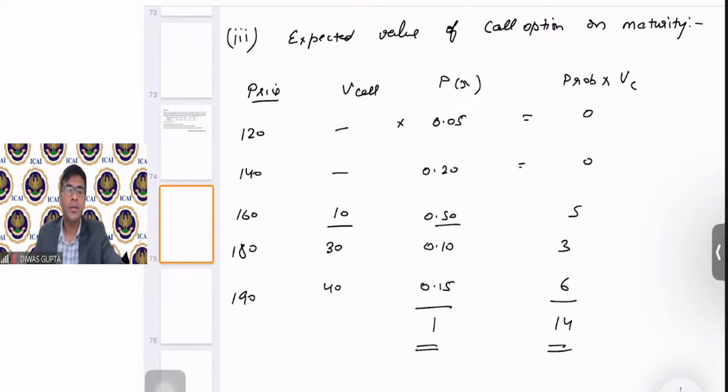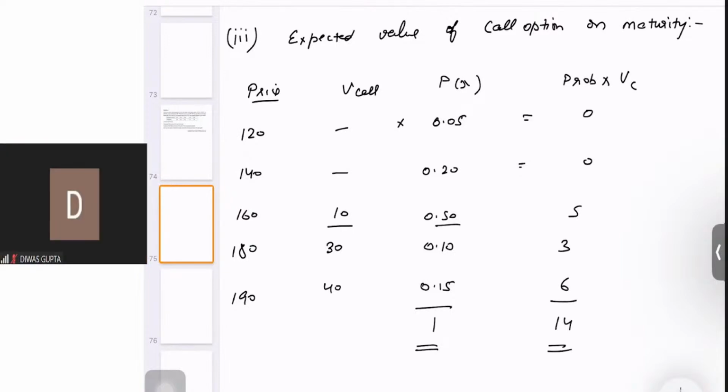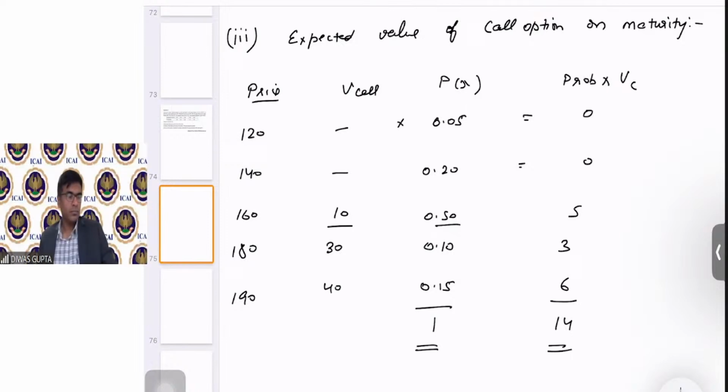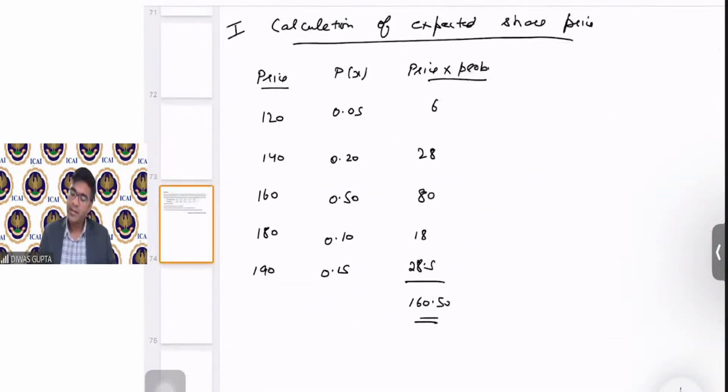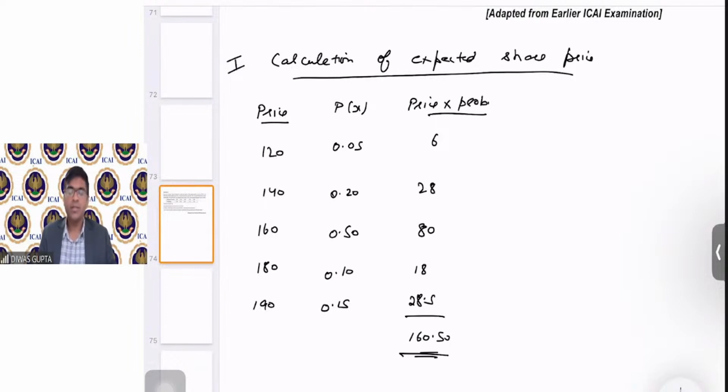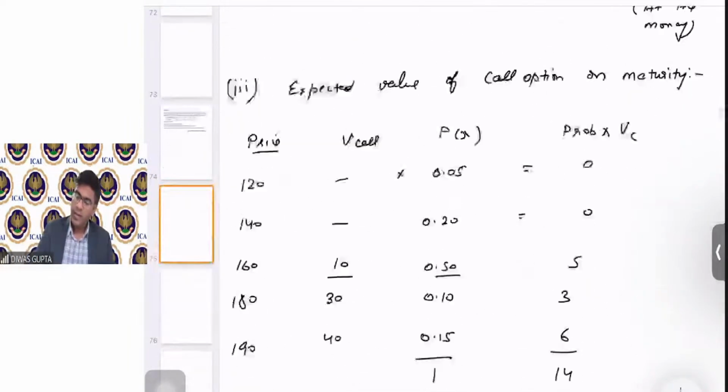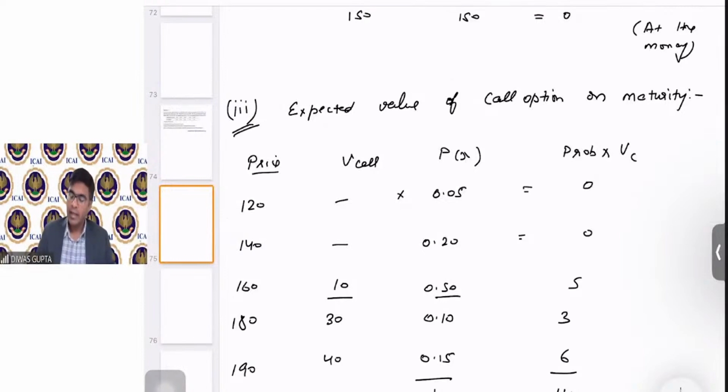Okay, students. Students, there is one more option to solve this. Has that come to anyone's mind? See, we have calculated the expected share price here. And for the purposes of third, can we not use that?